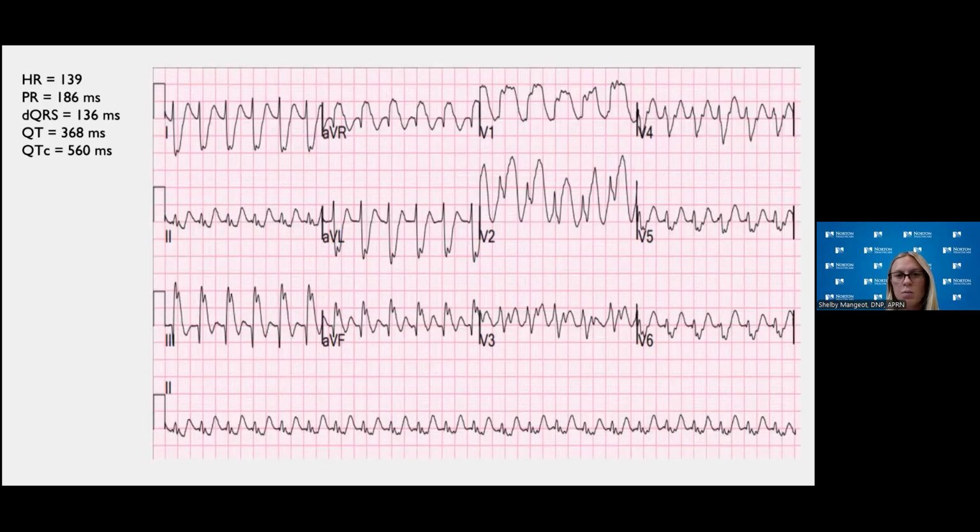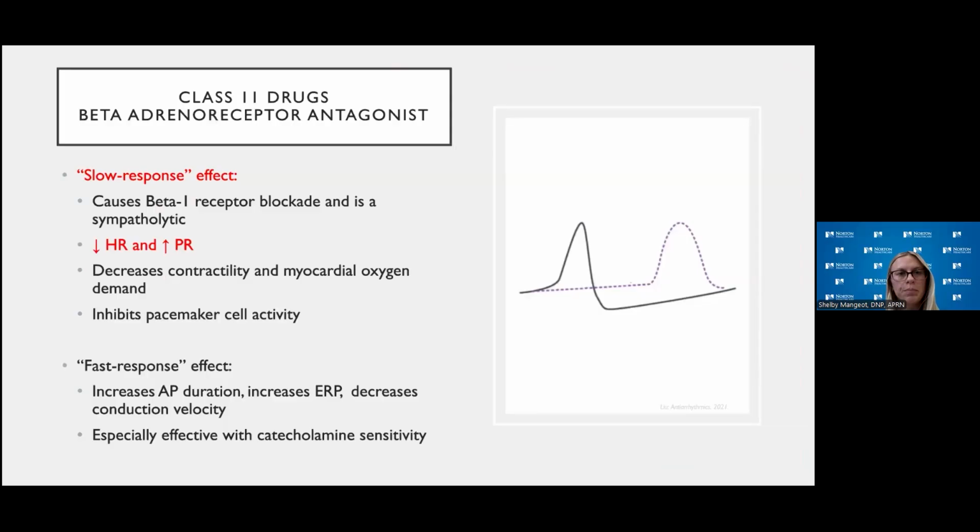And so this is what their EKG looked like when they came in. You can see there's profound widening of the QRS and severe prolongation of the QTc, and the PR interval is now 186. So this is what flecainide toxicity can look like and why we want to be very careful with this medication. Okay, so those were all of class 1.